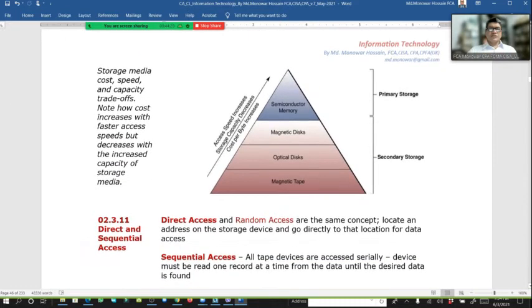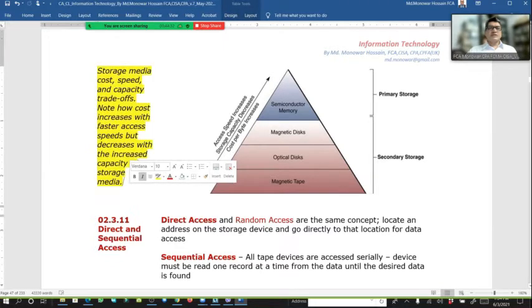If we see the storage picture here, storage media involve cost, speed, and capacity trade-offs. Sometimes cost is higher and speed is faster, but there is an increase in the capacity of storage media. Here is primary storage and secondary storage.